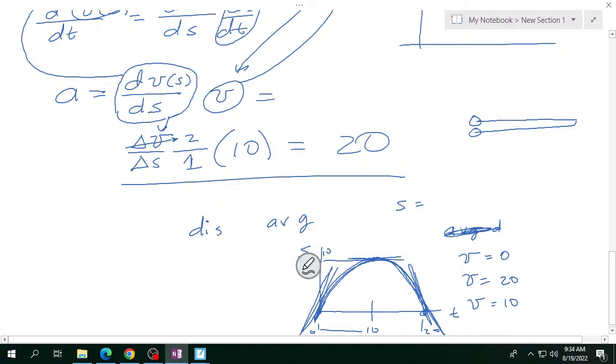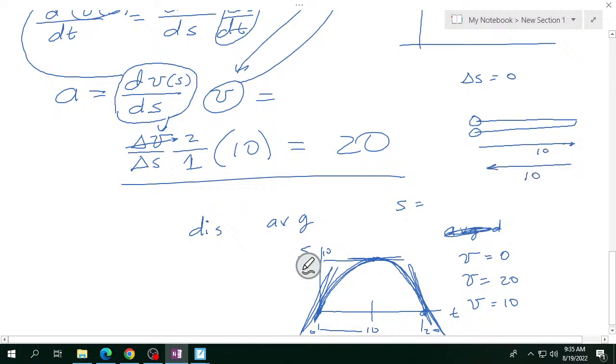He has a thing where its displacement was 0. So you could say delta S would be 0. But the distance it traveled is not 0. It went out to 10, and then it returned all the way back.